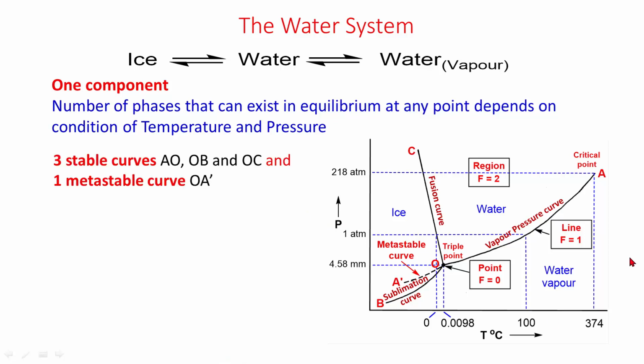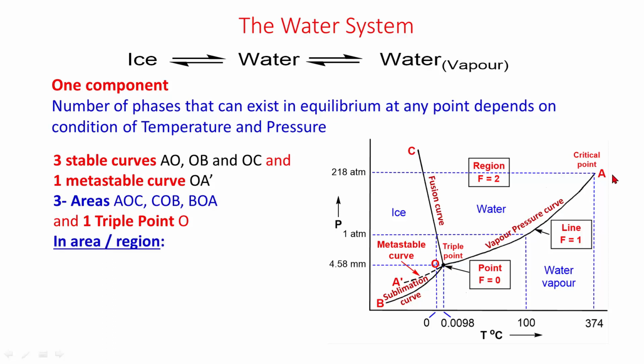There are three stable curves AO, OB and OC, and a metastable curve OA dash. Three areas: AOC representing water, COB representing ice, and AOB representing water vapor, and one point which is termed as triple point, which is O.